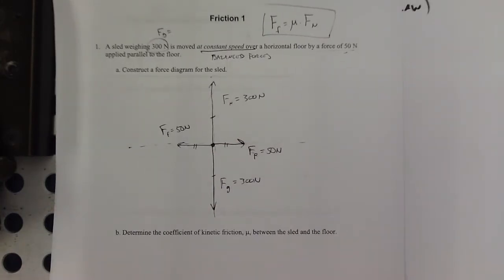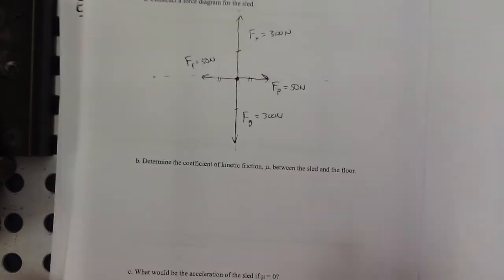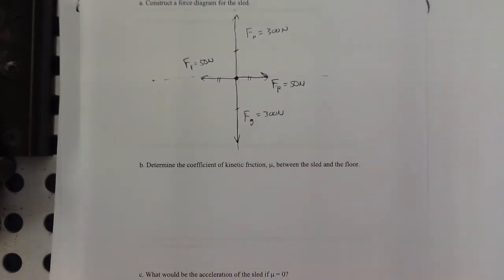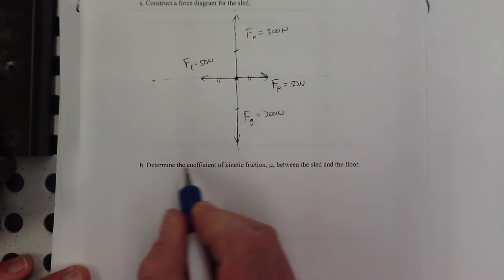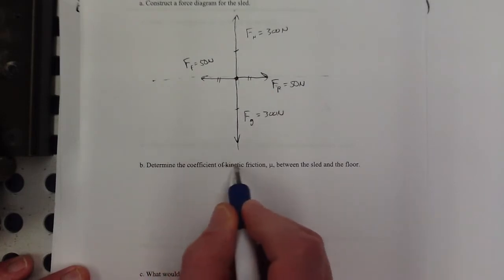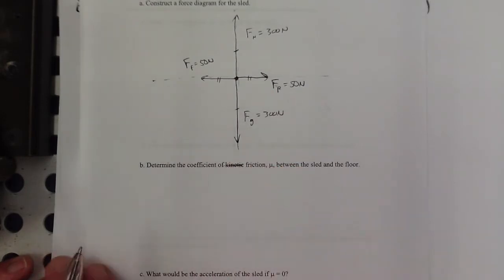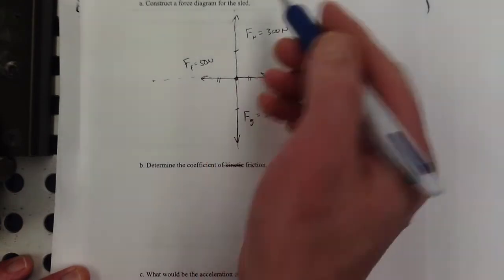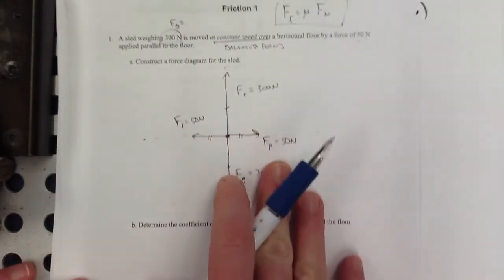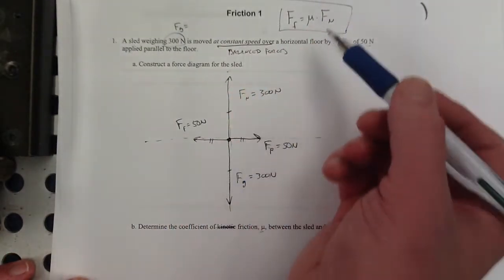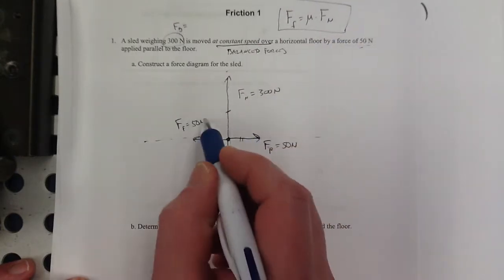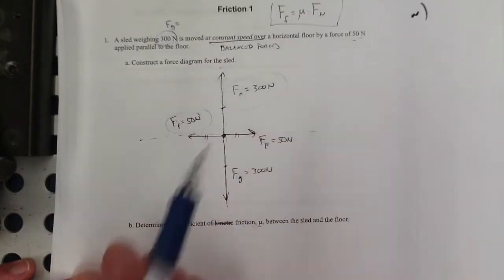Part B, determine the coefficient of kinetic friction, mu, between the sled and the floor. We're only going to deal with this whole coefficient of friction. I meant to delete that so we didn't get confused about that, but it just means the mu. So I'm just going to find this. And hey, look, I know what the friction force is and what the normal force is now.